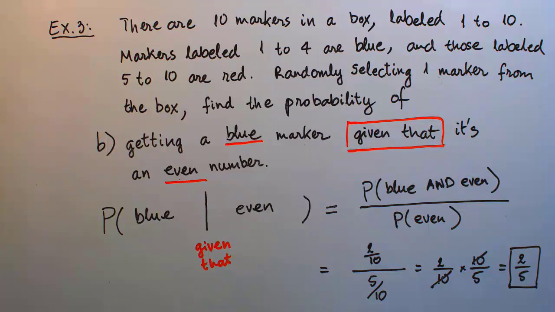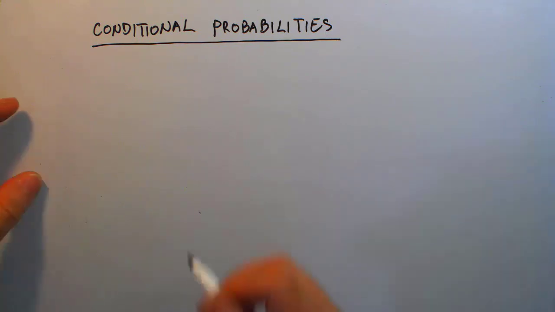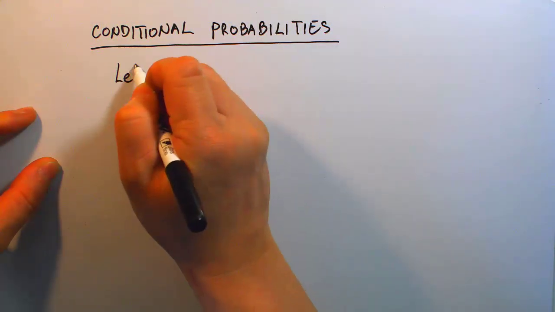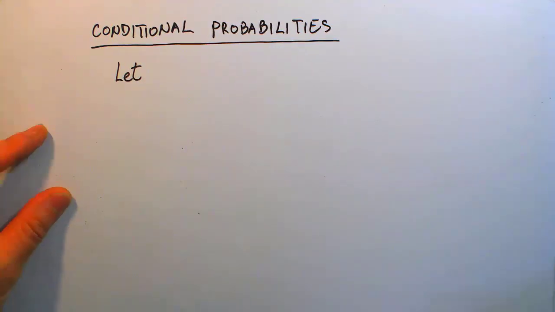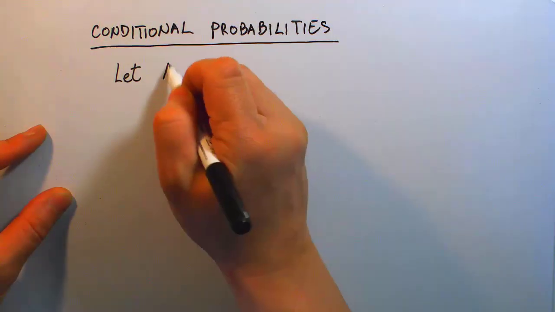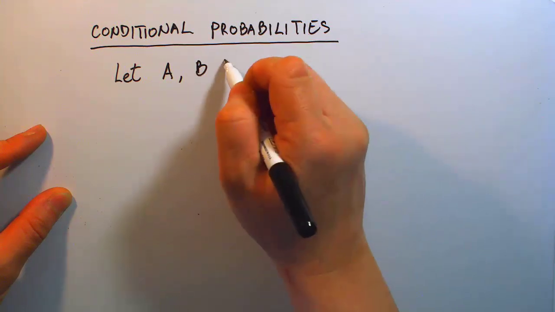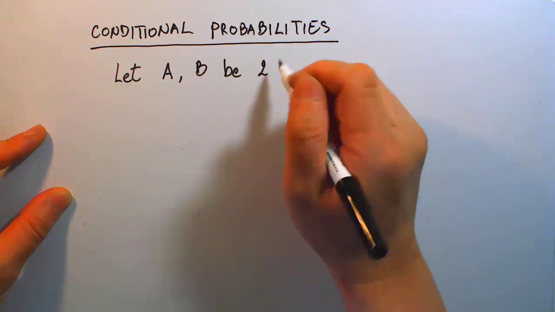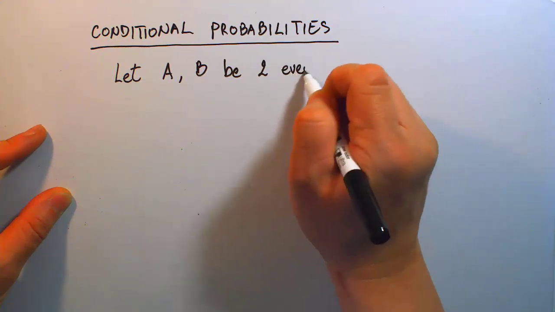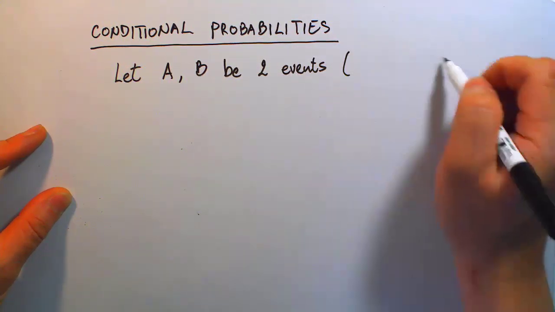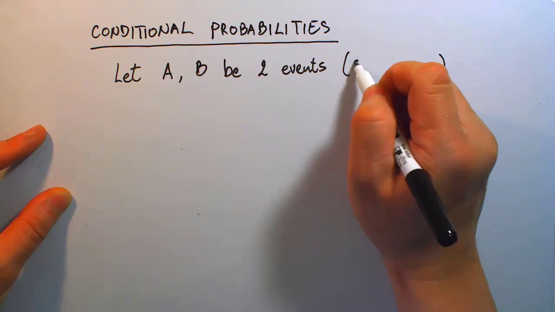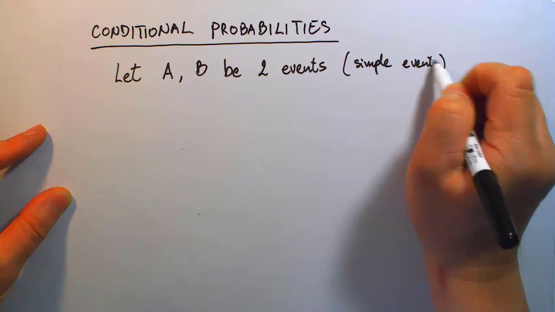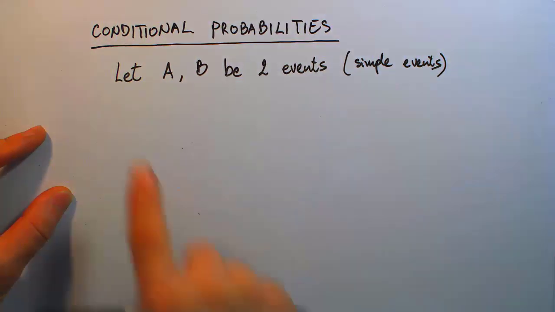And so for conditional probability, there's a generalization that we have learned through our example 3, question B. Let A and B be 2 events. Usually, at our level, we just use simple events. And then the conditional probability problem is written like this.